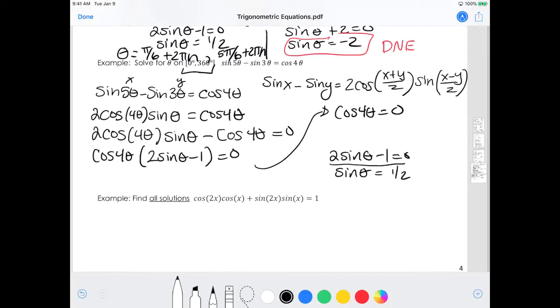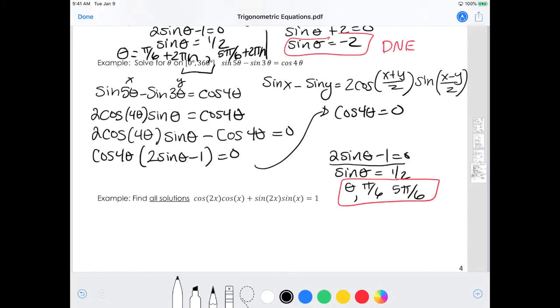And on the first rotation in degrees, because that's what this question is asking us to do, the places that my y coordinate of the terminal point when my angle sweeps open to be 1/2 would be 2 places. It would be pi over 6 and 5 pi over 6. So these are the 2 answers for the second mini equation.